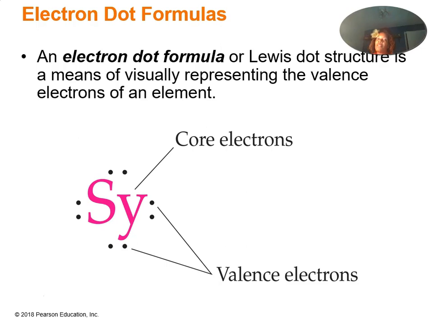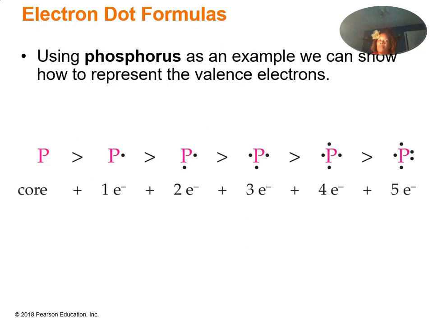In terms of electron dot formulas, it's also based upon those valence electrons. Again, I'm going to go over this a little bit more in detail when we get into drawing out the chemical bonds. And we're going to have to learn how to write chemical formulas first in order for you to appreciate how electron dot notation takes place. And again, we're going to delve a little deeper about that.